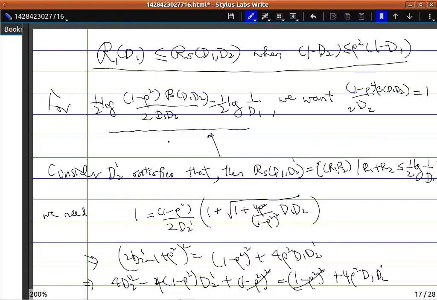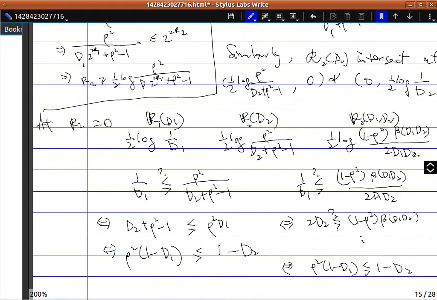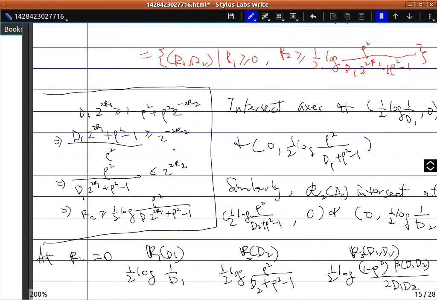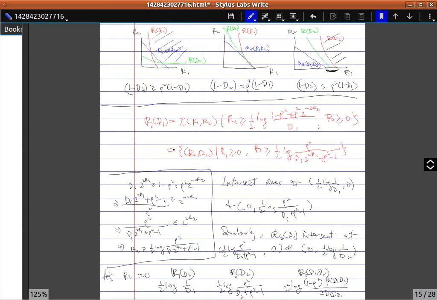So we want to see when these two will overlap, right? Basically, that's when this guy here, maybe I change it a little bit for the moment.